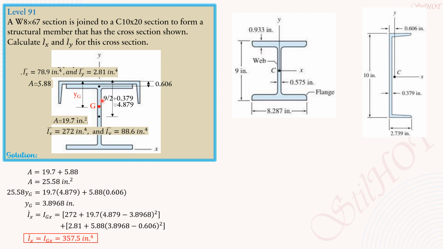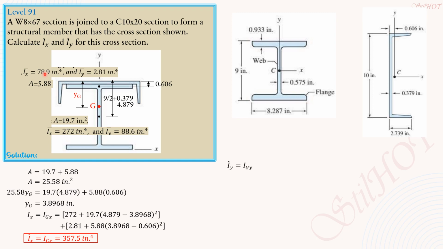Likewise, for I bar y, it's not difficult because this is the centroidal y-axis of the wide flange. This is also the centroidal x-axis of the channel. Therefore, I bar y, or IGY, is simply 88.6 plus 78.9.